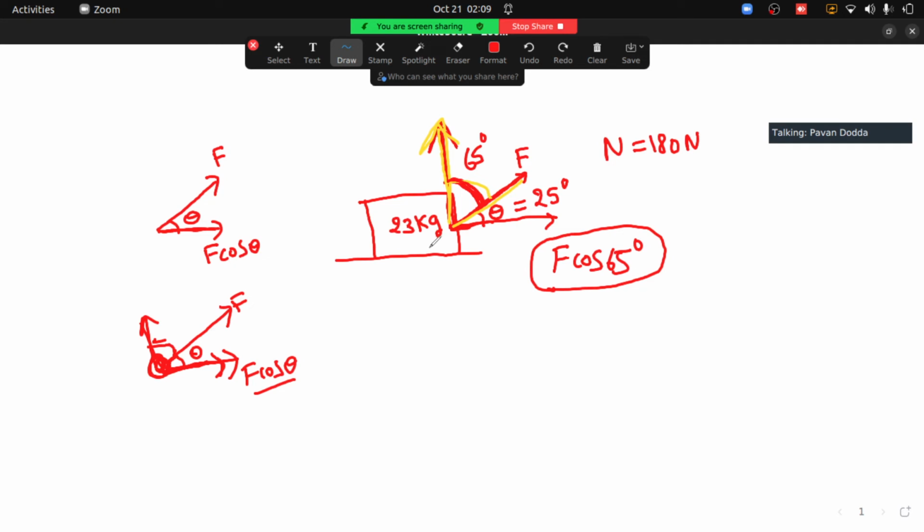Now there is also force due to gravity, and what would be its value? Force due to gravity is mg, which would be 23 kilograms times 10, so 23 times 10 newton, because force has units of newton.